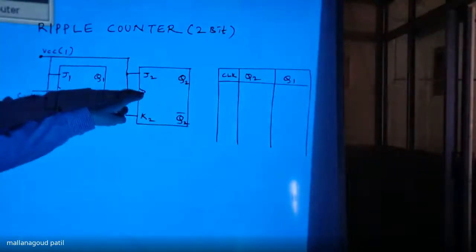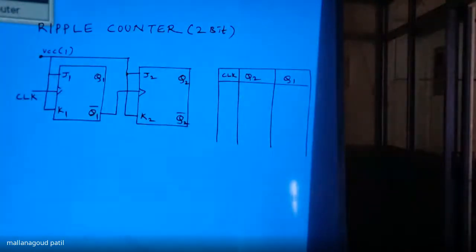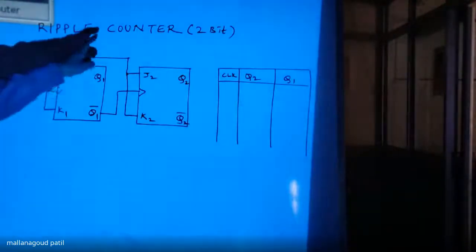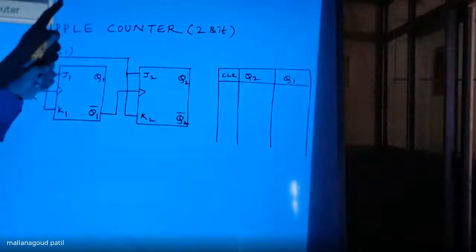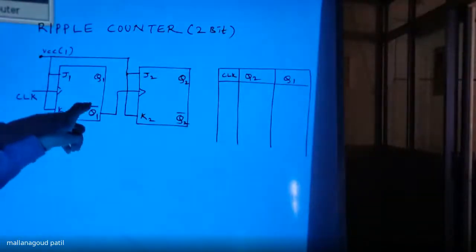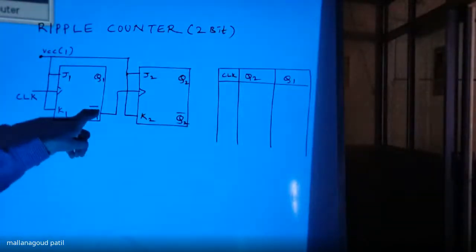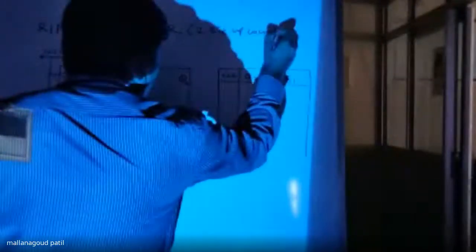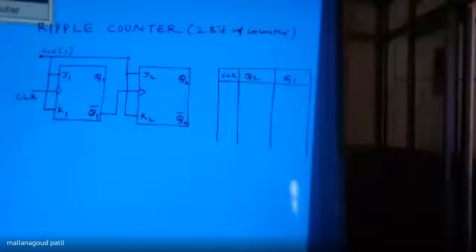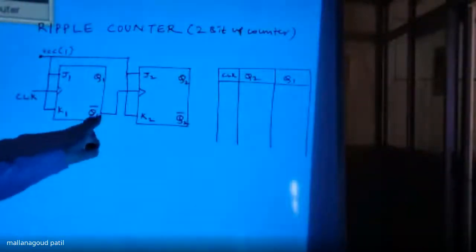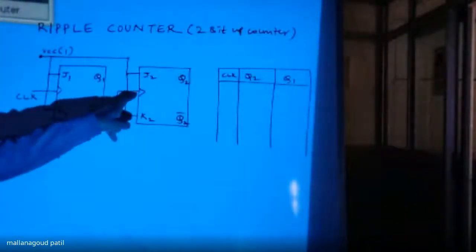When you have positive edge triggered clock pulses and you want a ripple up counter, then Q1 bar is connected to the next flip flop clock. Or I can write: 2-bit up counter.